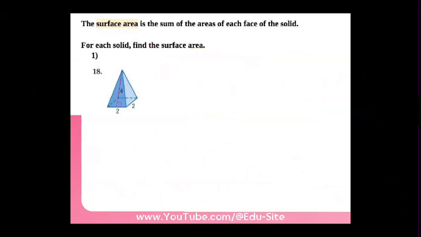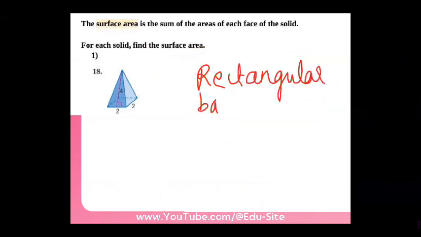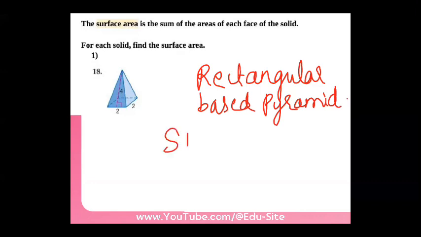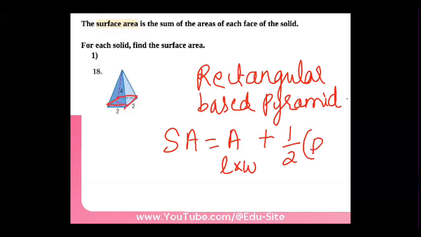Any doubts on this? Just stop me and ask, okay? Now tell me, what is this pyramid? It is a rectangular based pyramid. Fine, beta. First you have to write it as a rectangular based pyramid. In a pyramid, you have a base, so the surface area is equal to the area of the base, which is length into width, plus half into the base of all the triangles, which is again the perimeter of the rectangle.